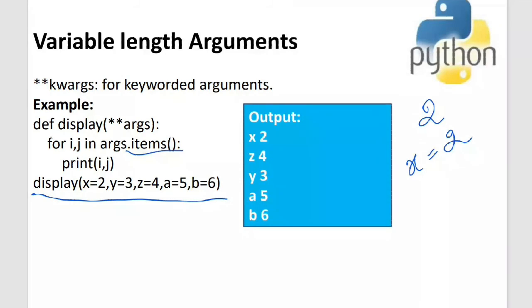So I want both the key and the value. That's why I have given items over here. And if you see, the output is in unordered fashion. First x came and then z came. It's not in the same order as how you passed the keyword arguments into the function call. The output is in unordered fashion. Is this concept clear to everyone?